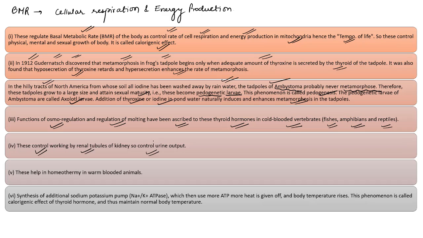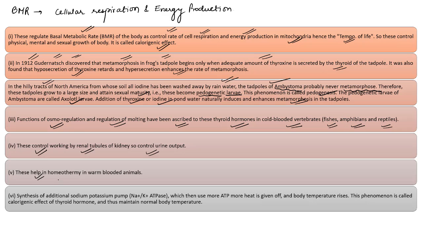This production of metabolic waste puts a workload on the renal tubules, and that is why the urine output can be manipulated. So they help to control the working of renal tubules of kidneys, so control urine output.